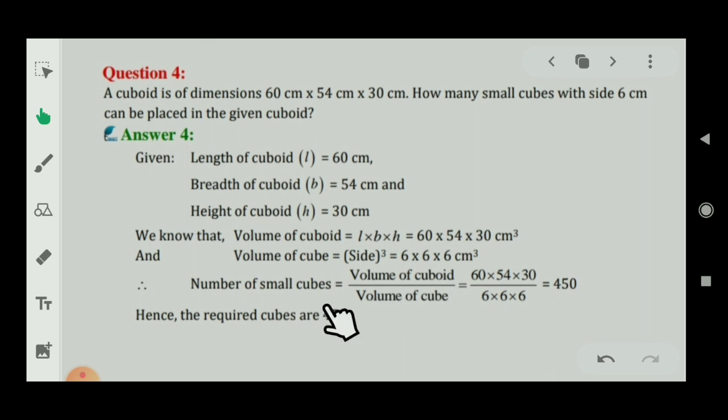And then for the number of small cubes we have to divide the volume of cuboid by the volume of cube. That means volume of cuboid is 60 into 54 into 30 and volume of cube is 6 into 6 into 6. That means 450. So we can say in the last the required cubes are 450.